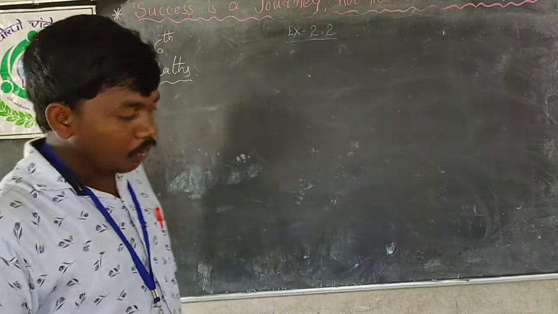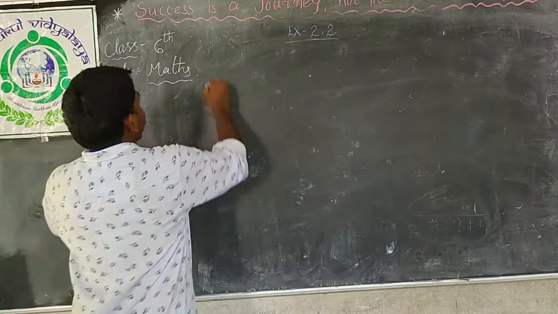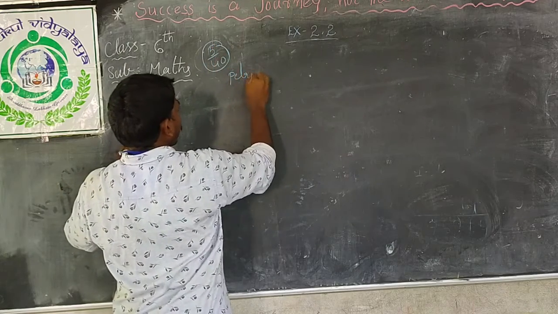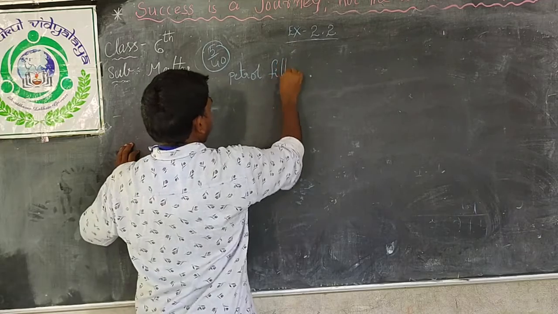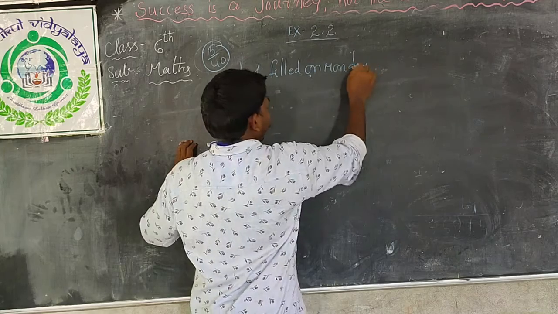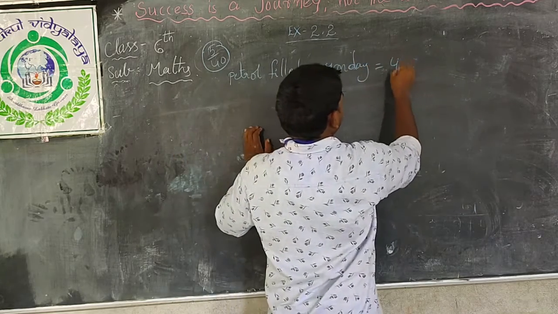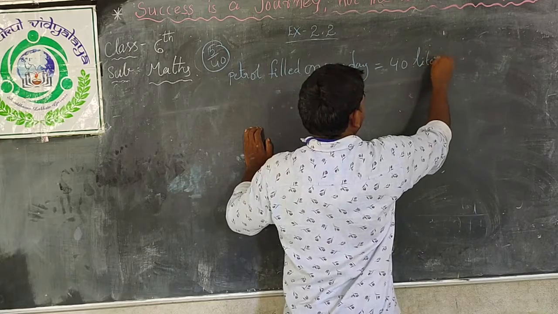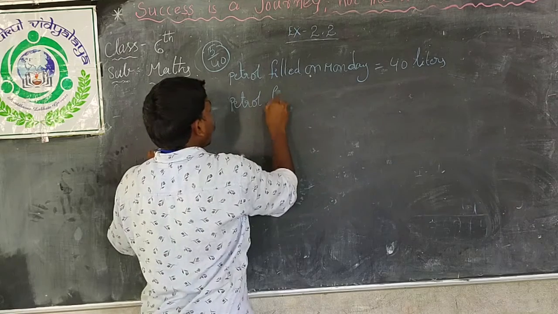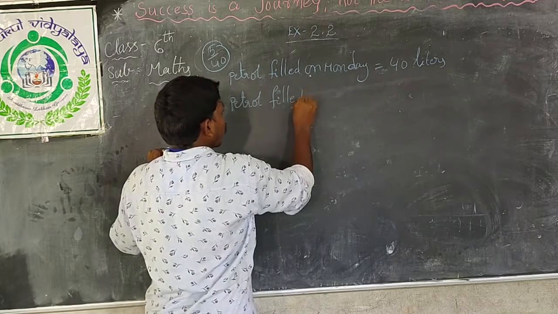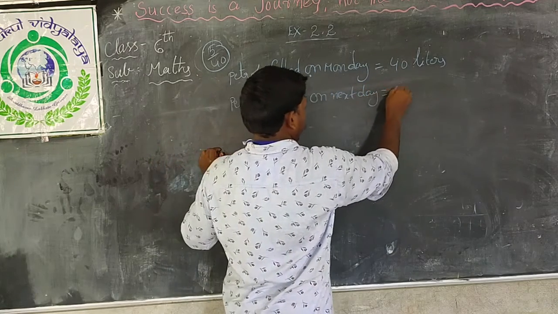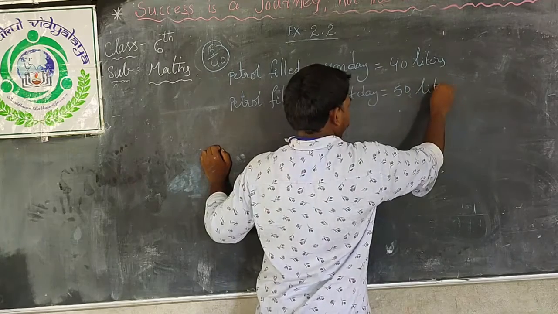Okay, children. Petrol filled, fifth one, page number 40. Petrol filled on Monday, 40 liters. Next, petrol filled on the next day, 50 liters.